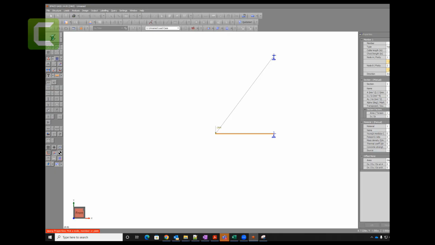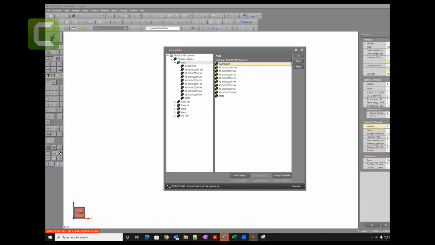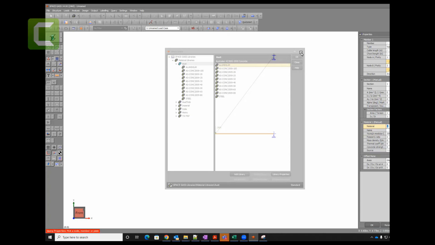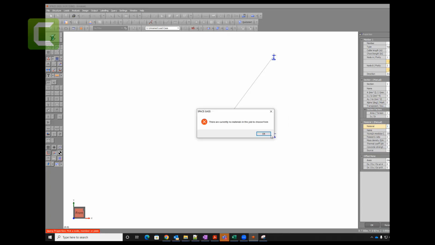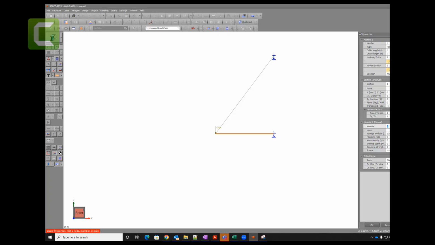Where is it? Material here, and we put the Young modulus, 200,000 megapascals. What else do we need? We need to put the area. So if you go back here in this book, or we can just click on this three dot, or we can just put the area here.